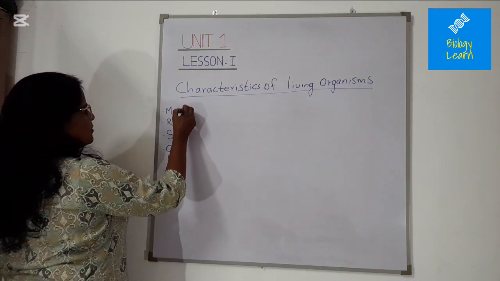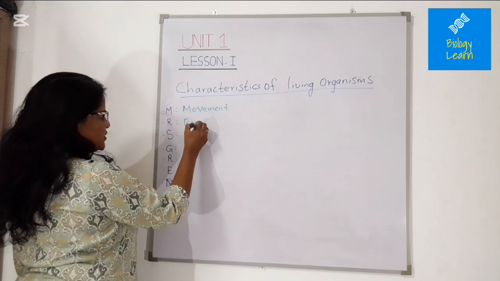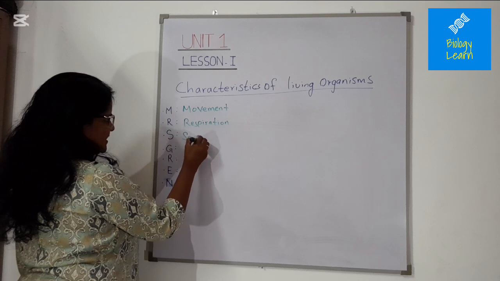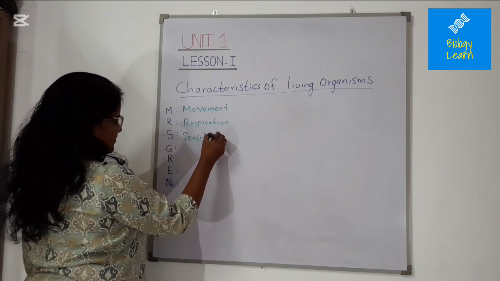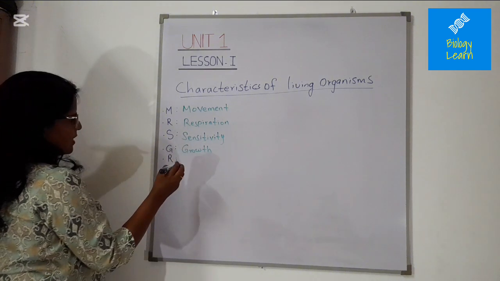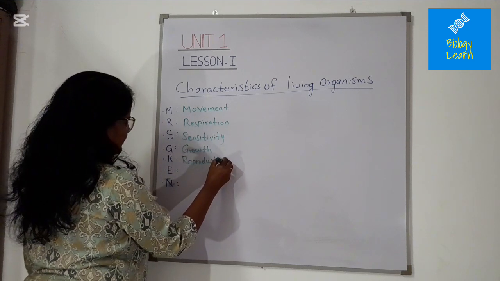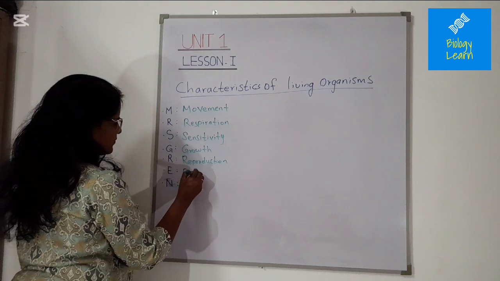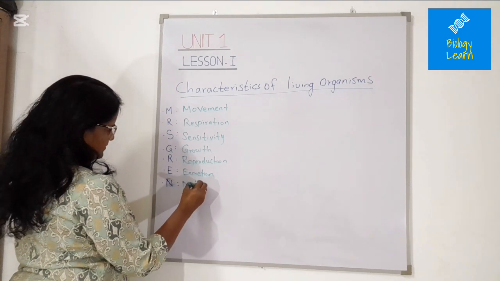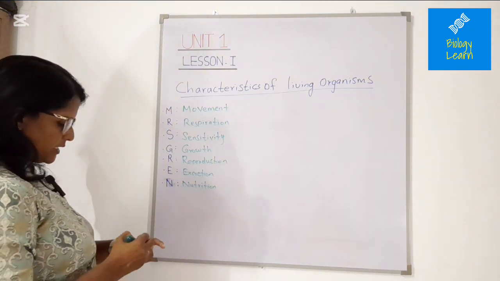Here M is movement, R is respiration, S is sensitivity, G is growth, R is reproduction, E is excretion, and N is nutrition. So now we will see them one by one.